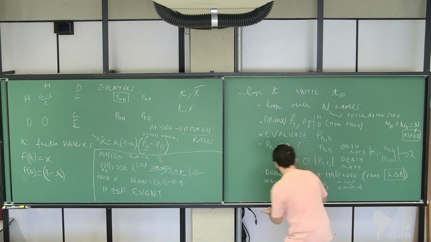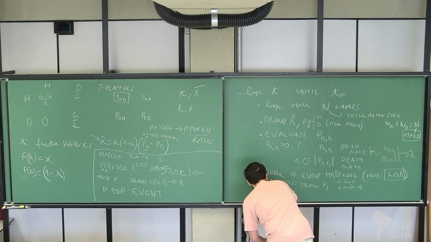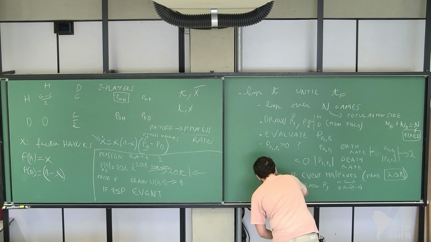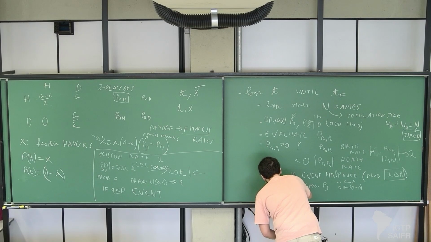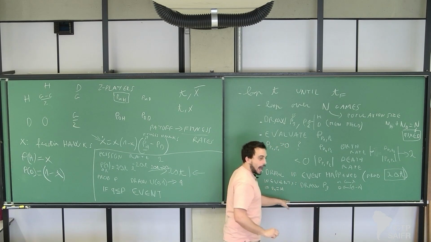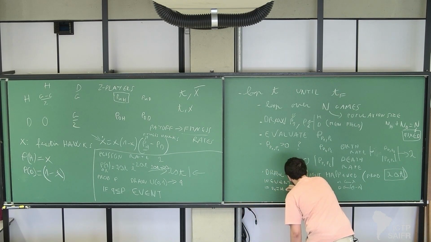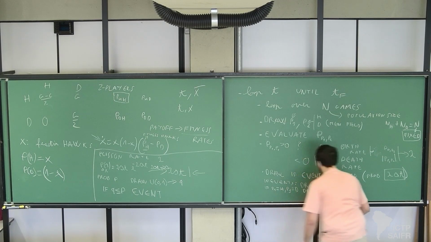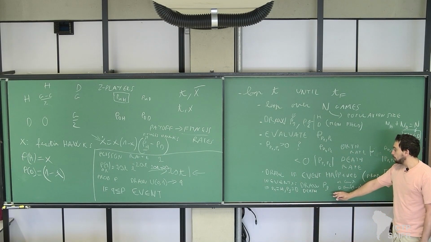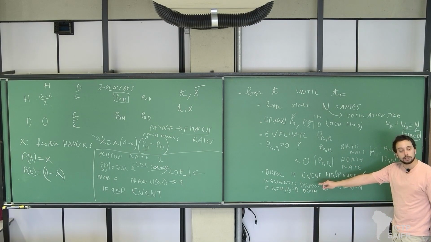So if P1 is a hawk and you have a death, if P1 is a hawk, P3 is a dove, and death, then this means that a hawk is replaced by a dove.